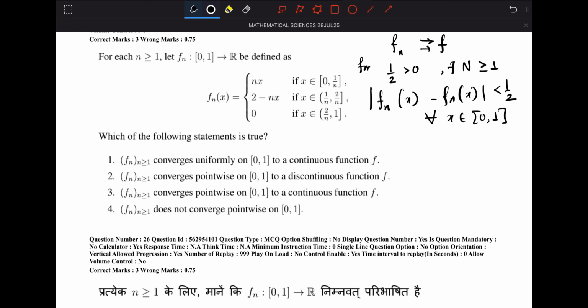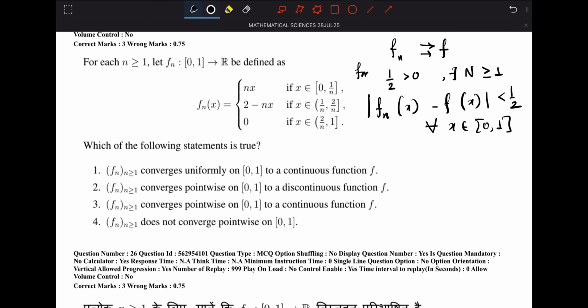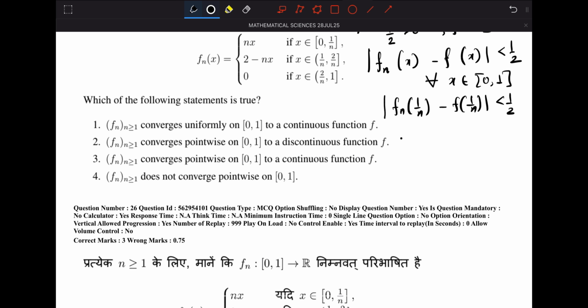Sorry, f_n(x) minus f(x). Now put x equal to 1 by n. So |f_n(1/n) minus f(1/n)| is less than half. The first option is that the sequence of functions converges to a continuous function f.